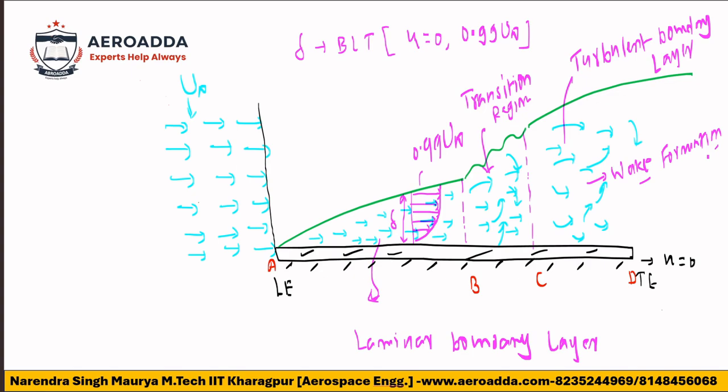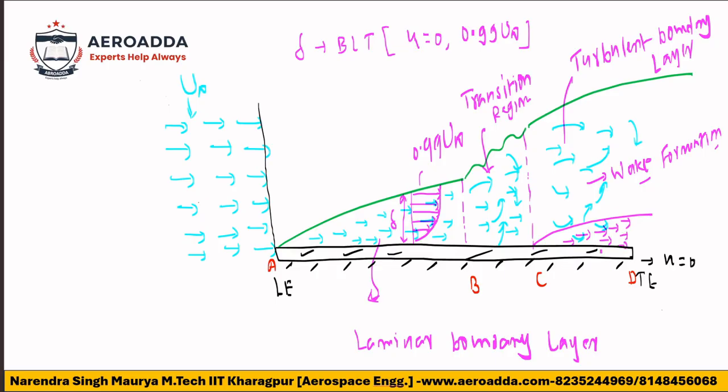And also one more thing I have to tell you, as I have explained, very close to the surface of the plate the velocity is 0. That is called the no slip condition. So this region very close to the plate will also represent a laminar boundary layer. Why? Because here the velocity is very less.